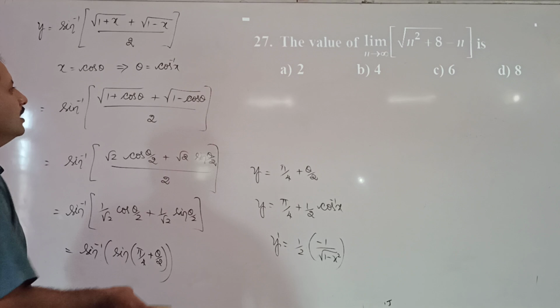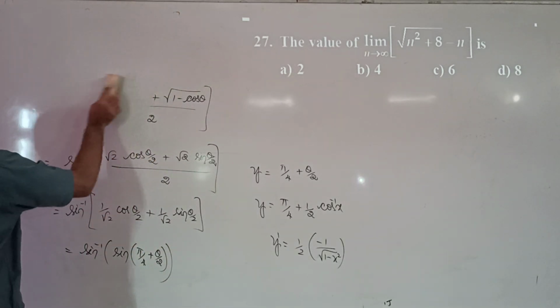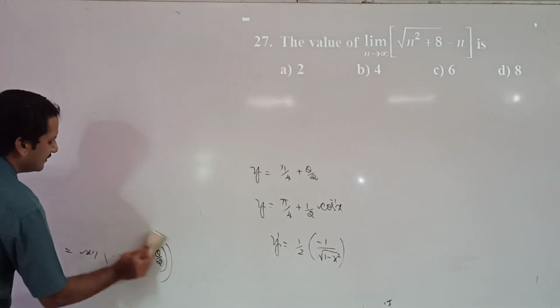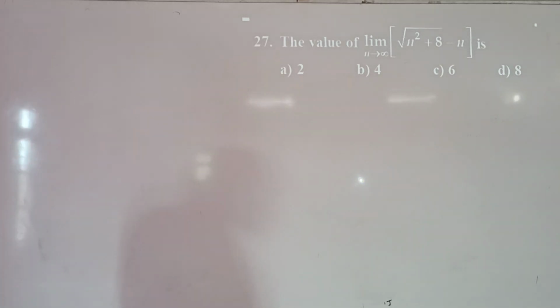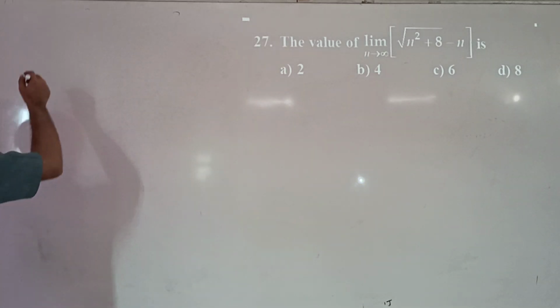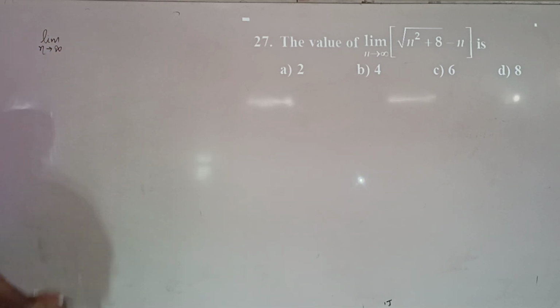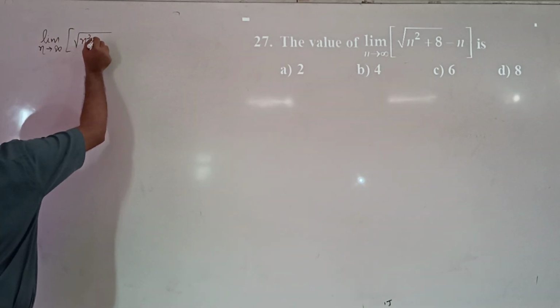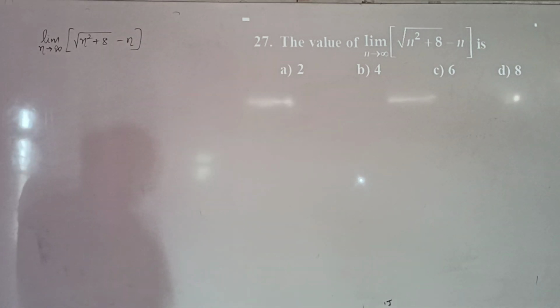27th question. The value of limit n tends to infinity of root of n square plus 8 minus n is.